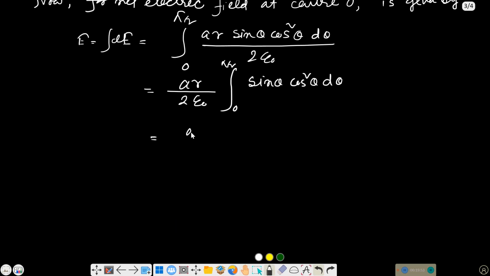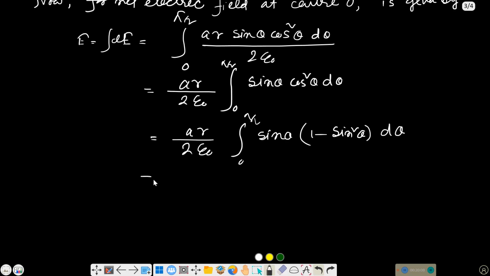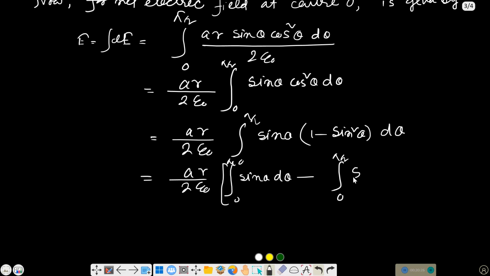Moving ahead, AR by 2 epsilon naught, we can break this into sin theta into 1 minus cos square theta, which is 1 minus sin square theta, you can write d theta again. So AR by 2 epsilon naught integration 0 to pi by 2 sin theta d theta minus integration 0 to pi by 2 sin cube theta d theta.